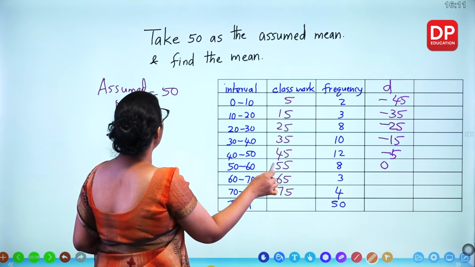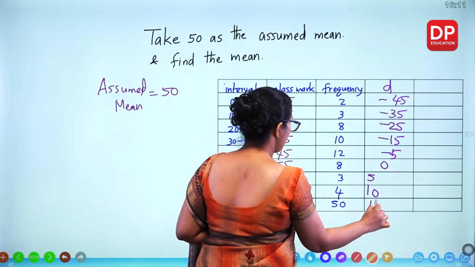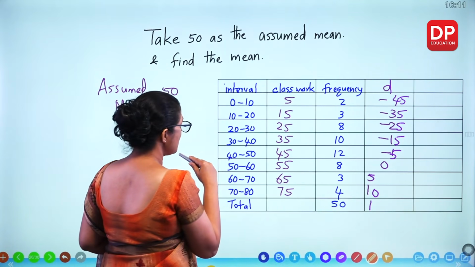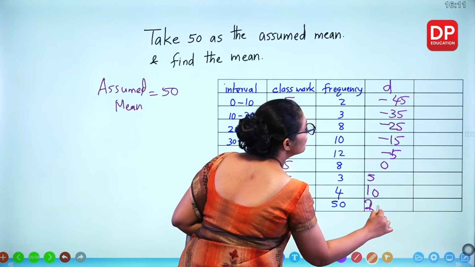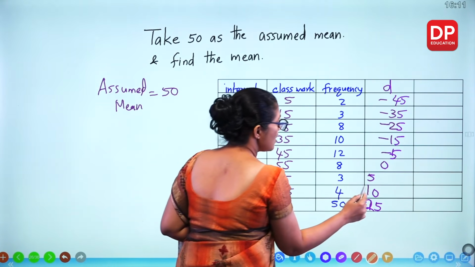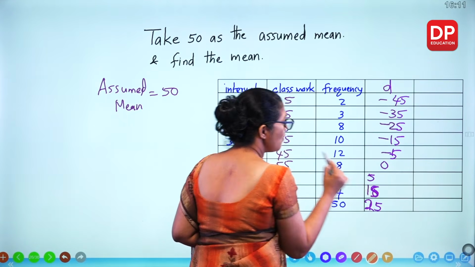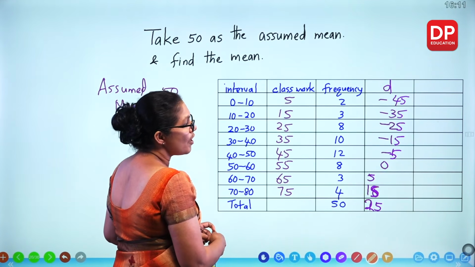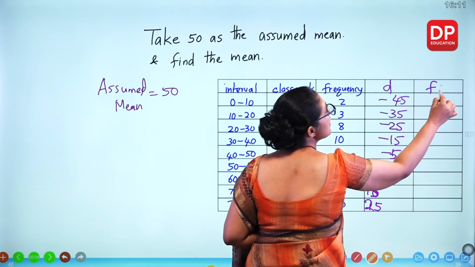Now the positive values: 55 and 50, 5. 65 and 50, 15. 75 and 50, 25. Now you are not getting 0, so you have to find out the multiplication.